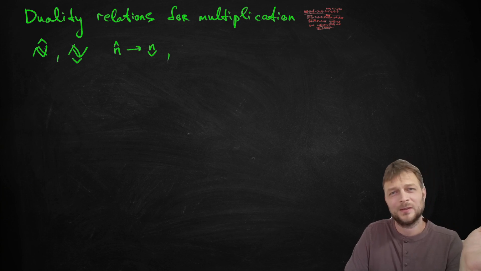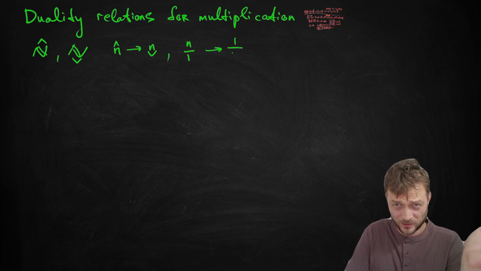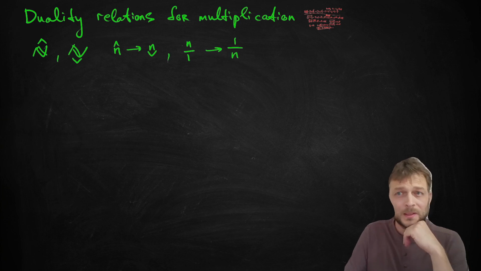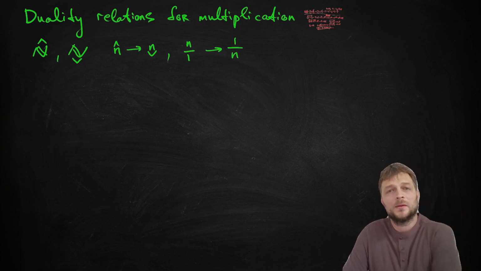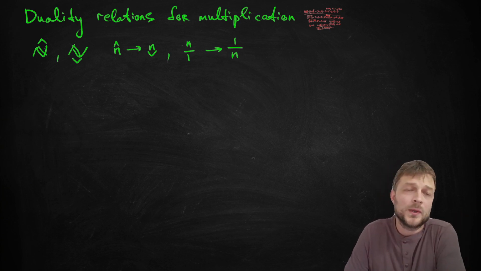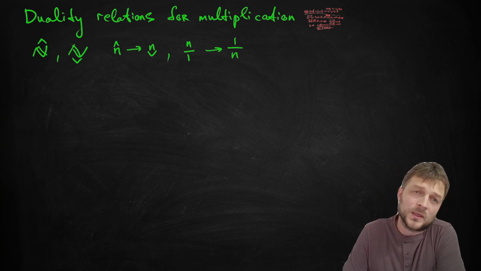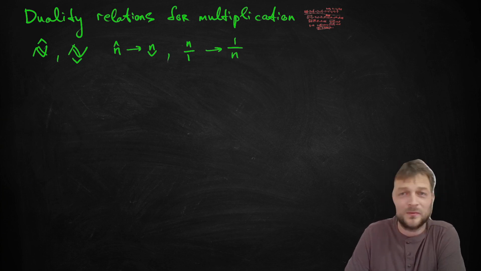In the standard notation, we took n over 1 and mapped it to 1 over n. And we saw a principle that we can perform operations in one space and then do a dual mapping, or we can first do a dual mapping and then perform the dual operation.